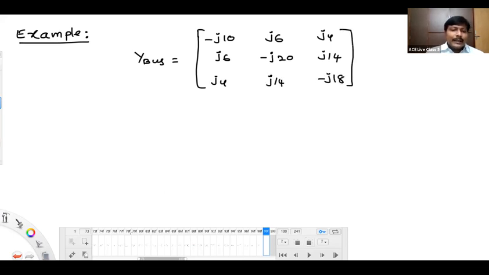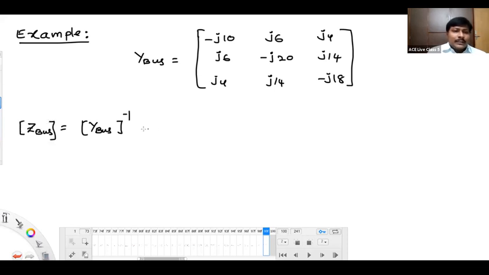This is the Ybus matrix of a 3-bus power system network. Could you please find out the Zbus of this one by taking the inverse of the Ybus? Tell me please.